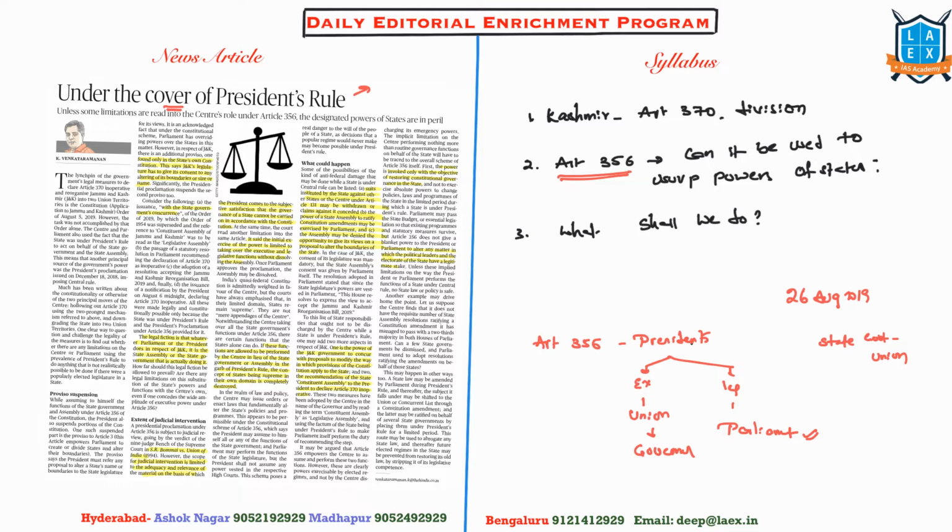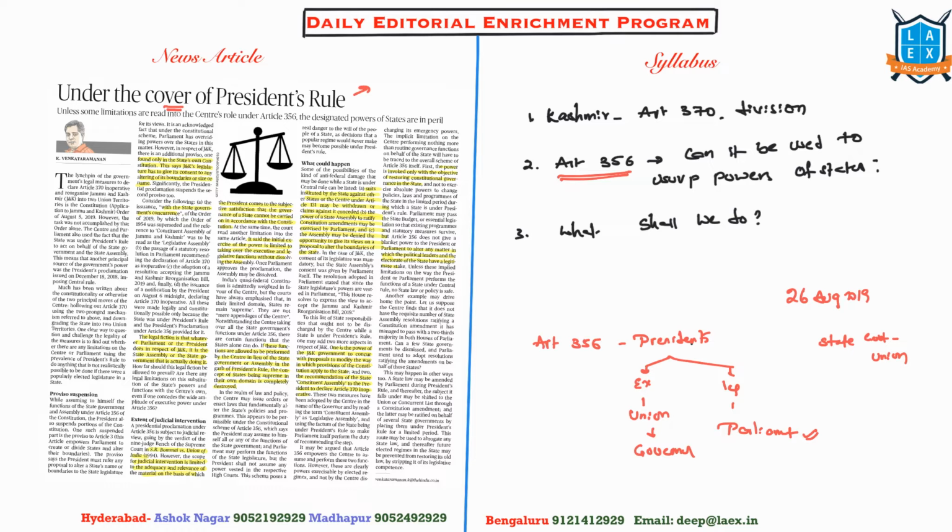It means the governor was consulted by the union government as the state is under President's rule. And Article 3 was used. Under Article 3, if any state has to be divided, the state legislative assembly has to be consulted and its opinion shall be taken. As the legislative assembly is not there, the opinion of the Parliament has become the opinion of the state legislative assembly.